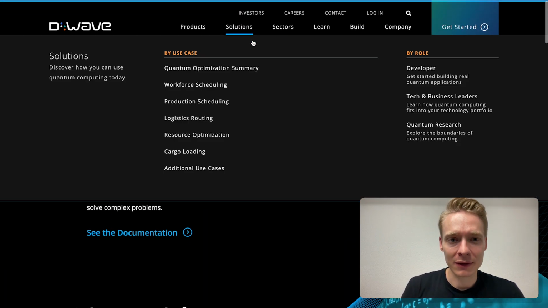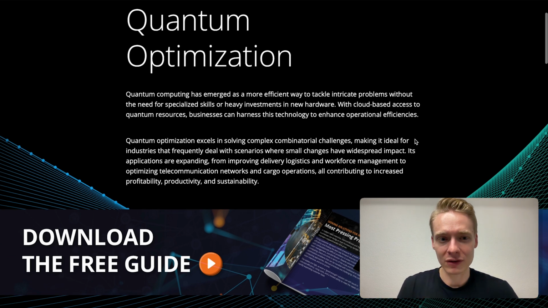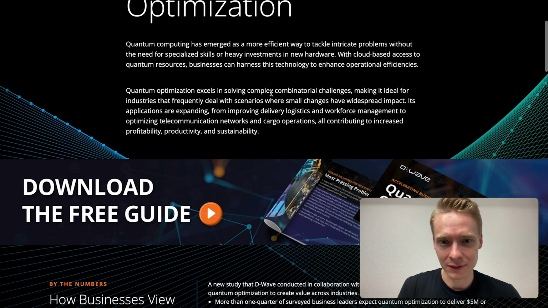Let's quickly take a look at the solutions. So here we see the quantum optimization. Quantum computing has emerged as a more efficient way to tackle intricate problems without the need of specialized skills or heavy instruments and new hardware. With cloud-based access to quantum resources, businesses can harness this technology to enhance operating efficiencies. Quantum optimization excels in solving complex combinatorial challenges, making it ideal for industries that frequently deal with scenarios where small changes have widespread impact.